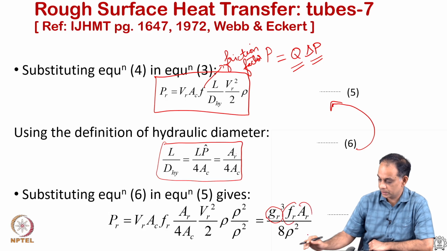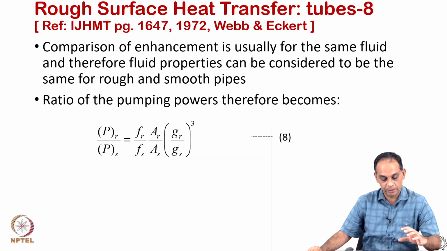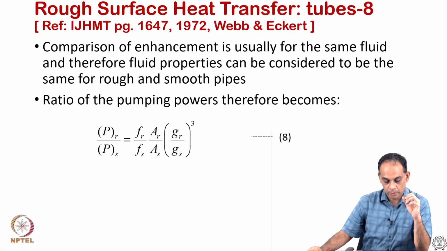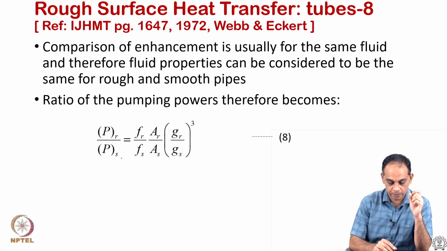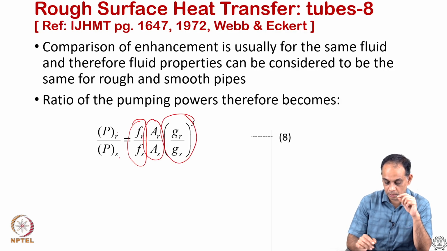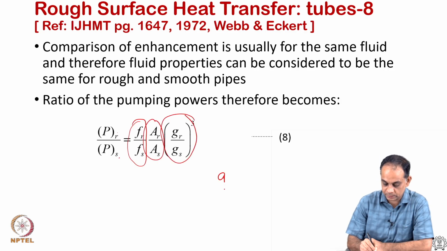So, we get this expression number 7. Similarly, we can find the ratio PR divided by PS. This is the pumping power ratio for the rough tube divided by the smooth tube. It turns out to be a function of the friction factor ratio, the area ratio, and a cubic dependence on the mass flux. What is mass flux? It is rho times velocity.